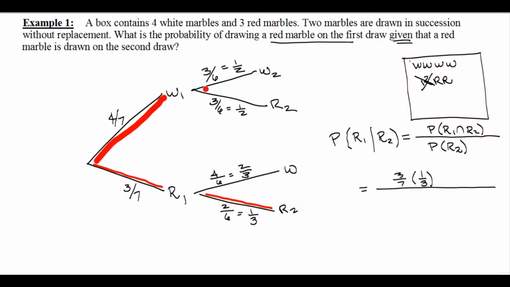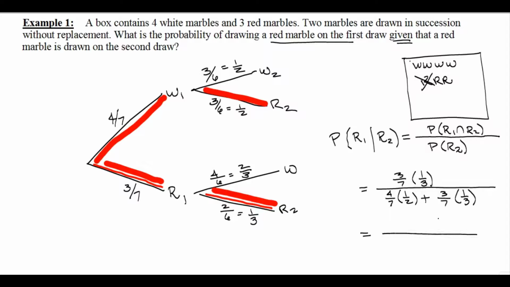We can go this way, or we can go this way. Those are both ways of obtaining R2. So 4 sevenths times a half plus 3 sevenths times 1 third.